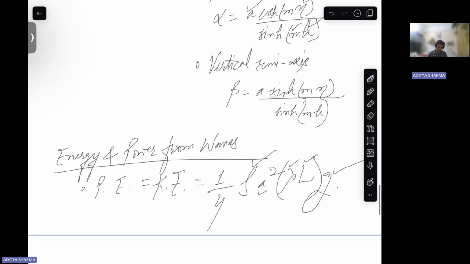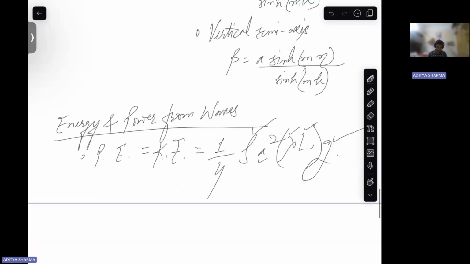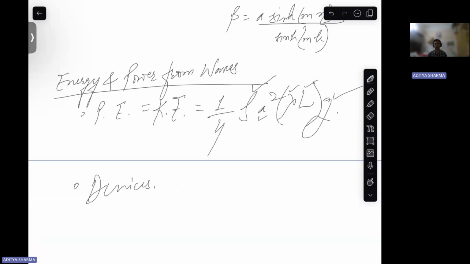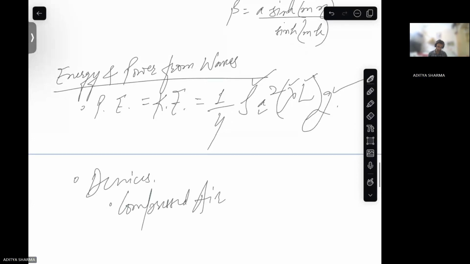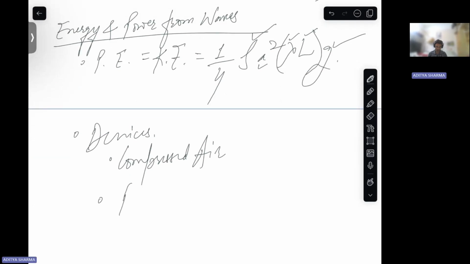Then there are devices to discuss that are used to harness this energy. One is where you pressurize air, and one is where you use pressurized water. The concept is the same.